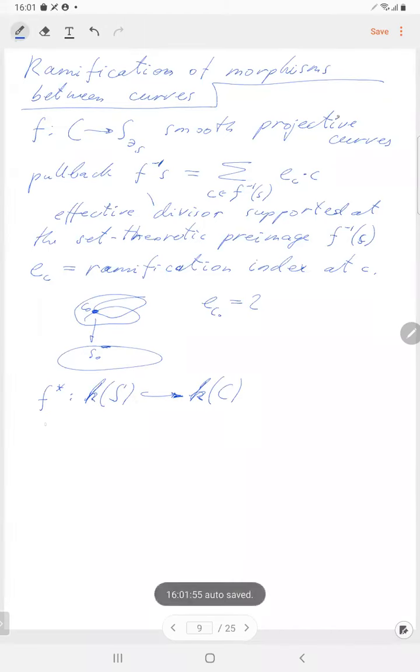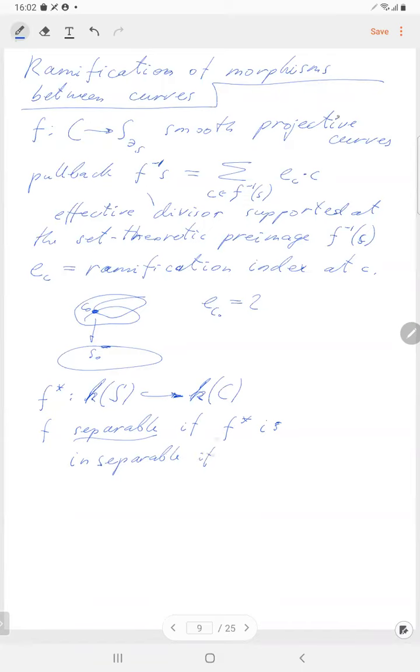So we call F separable if F star is, and then also there is an inseparable case. Okay, so this only happens if the characteristic of our base field is finite, some prime number p.